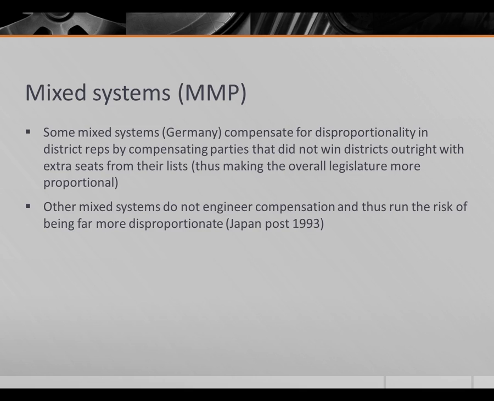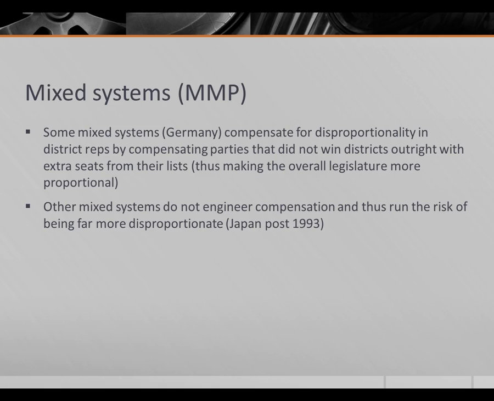Now, some mixed systems like Germany compensate for disproportionality in district reps by giving parties that didn't win districts outright extra seats from their national list. Thus, they make the overall legislature more proportional. That is to say, some members are going to be representing districts, but if some parties win a lot more districts than others compared to what they would proportionally get based on their share of the national vote, the parties that have a disproportionately low number of seats get more seats from the list PR side of things, and thus balancing out the legislature.